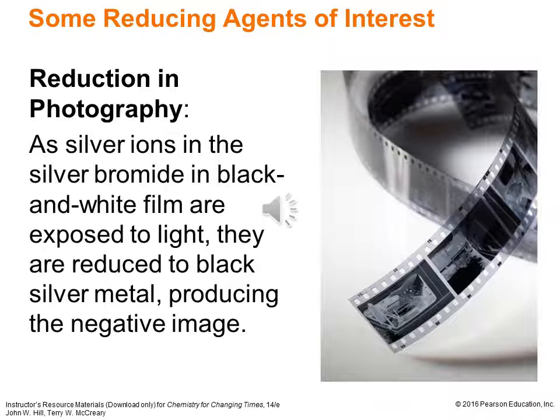And so we just see another picture where you have the film there developed, and as we mentioned previously, it's the silver ions from the silver bromide that when they're exposed to light, they're reduced to the silver metal, which looks black in those tiny little particles of silver, and you get the negative image that you're used to seeing if you've ever seen film.